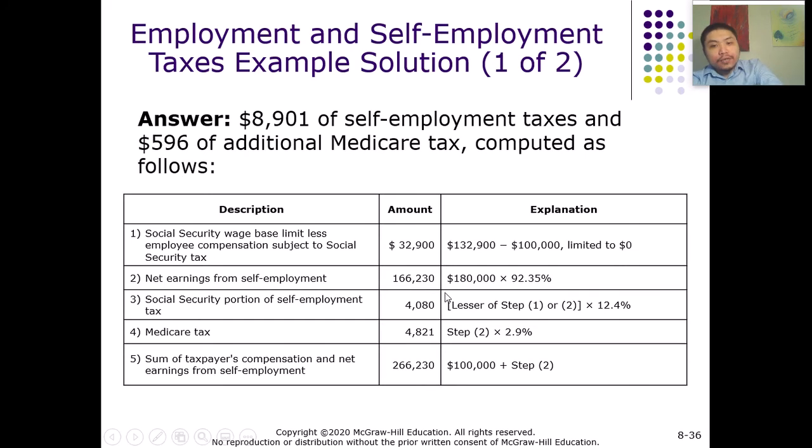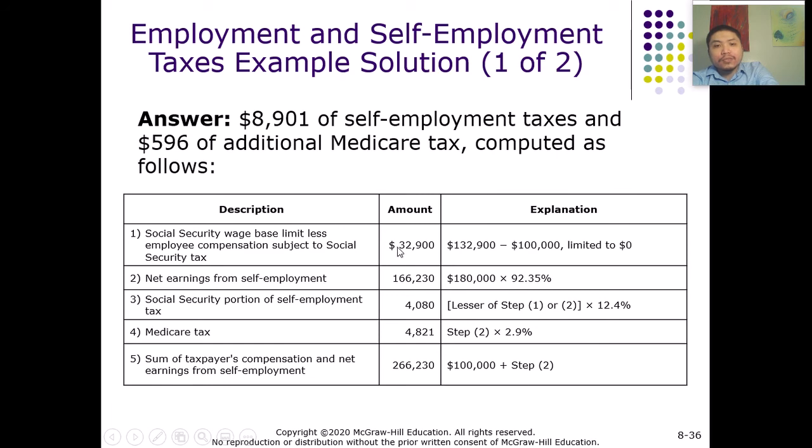Step 3, we use the tax base to calculate the tax liability. We take the lesser of step 1 and step 2. Step 1 gives us the limit, and step 2 gives us the net earnings from self-employment. The limit is only 32,900, so we take that.